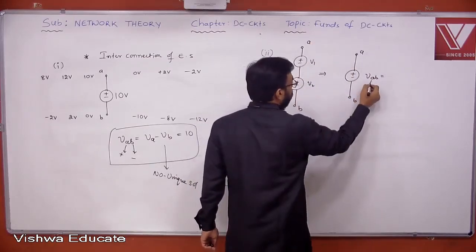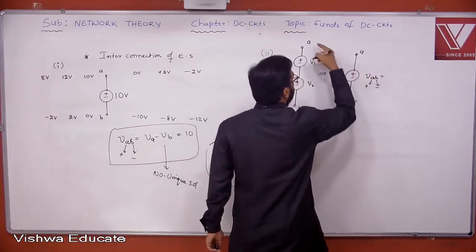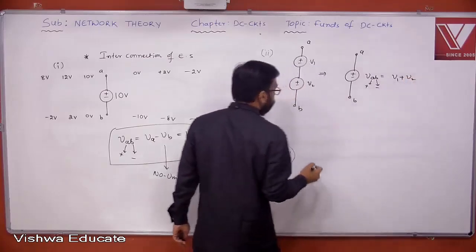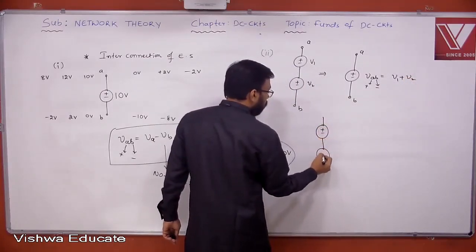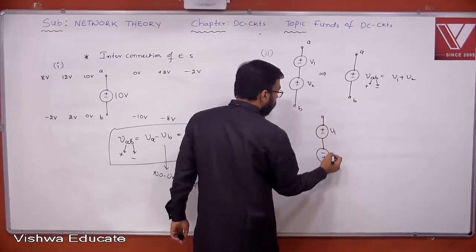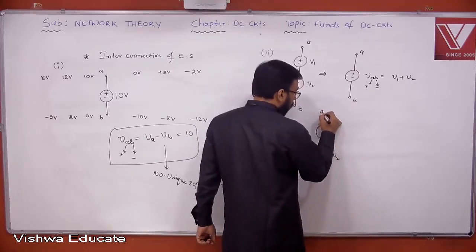That means A positive, B negative you are taking, right? Therefore, you can take V1 plus V2. Another one. Write down all of you. V1, V2.